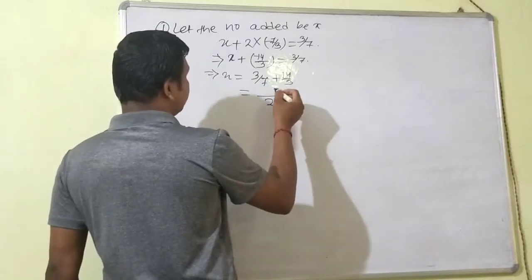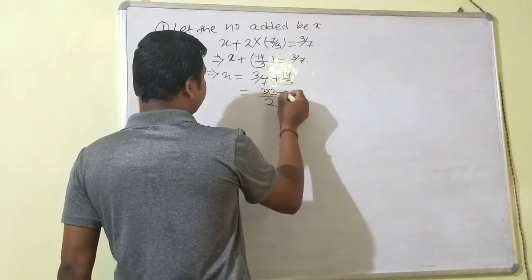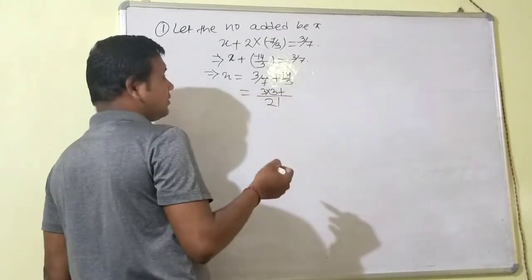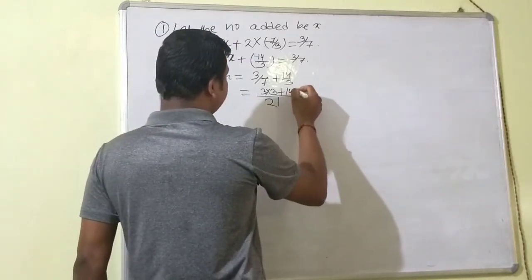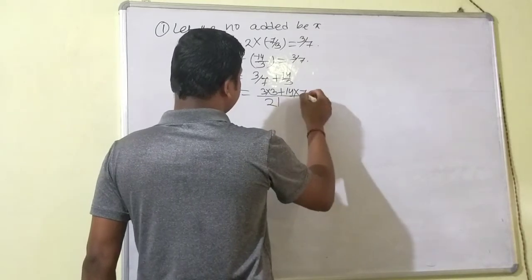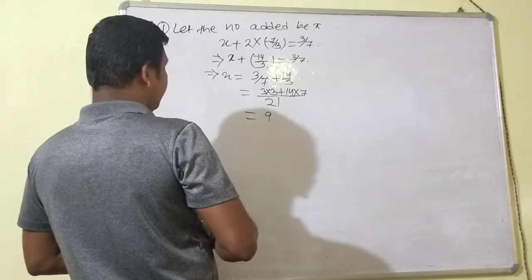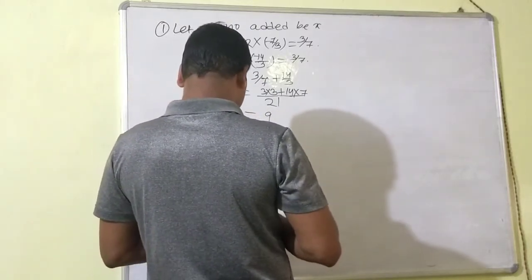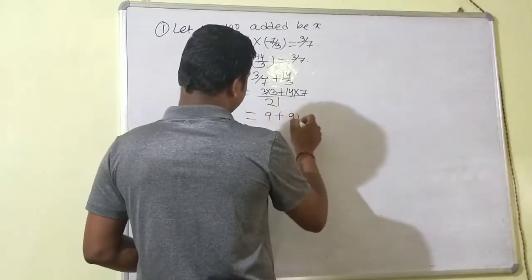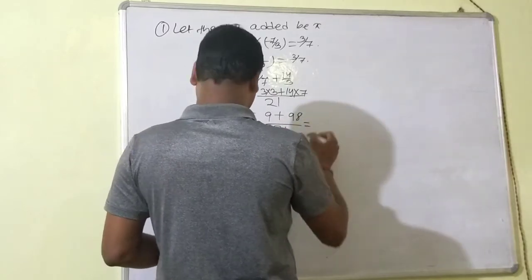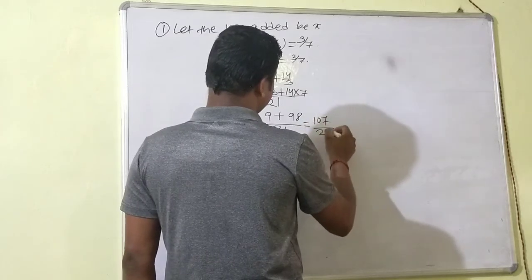Now 7 times 3 is 21, so 3 will multiply with 3, 3 times 3 is 9, plus 14 times 7, that is 98, over 21, which equals 107 by 21.